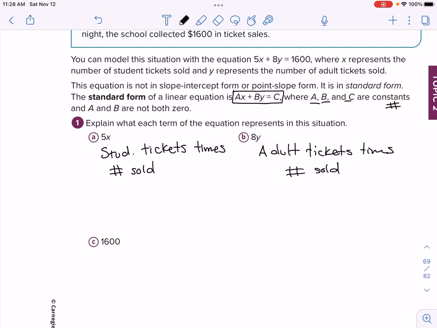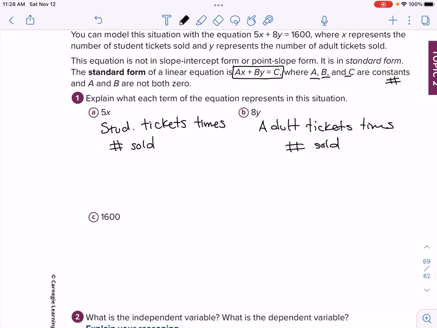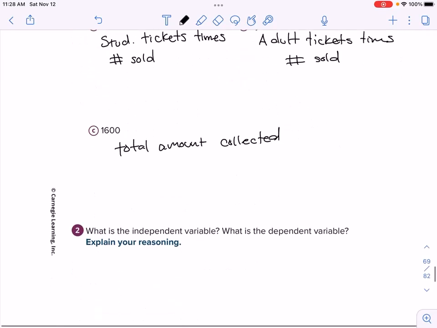Right, so since it's $8, if 2 adults bought it, 8 times 2, okay. And 1,600 represents the total amount collected. All right.